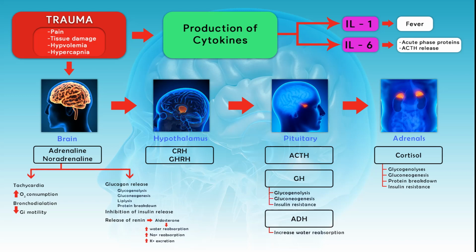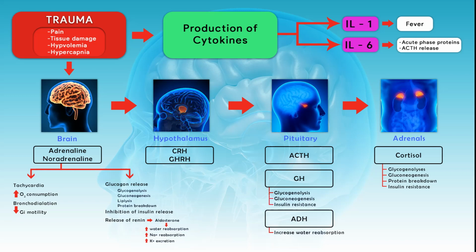These cytokines can have many systemic effects. Interleukin-1 results in fever. Interleukin-6 produces acute phase proteins which are responsible for the acute phase reaction, which comprises systemic manifestations in both acute and chronic inflammation.